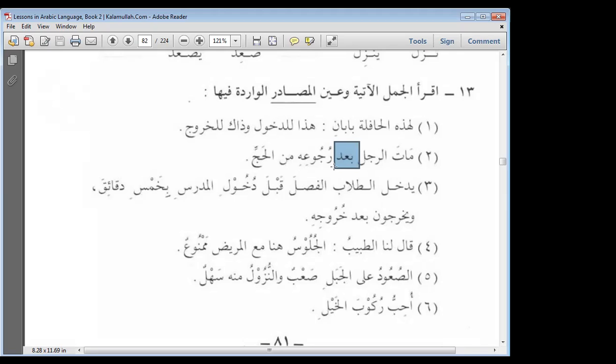So in this case, ruju' would be mudaf ilay for ba'da, but then ruju' is also mudaf to the pronoun ha, which will now be mudaf ilay for that one. So yes, one word can be mudaf and mudaf ilay at the same time, but for different words. Next one.